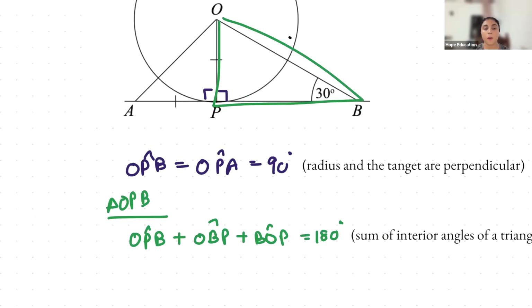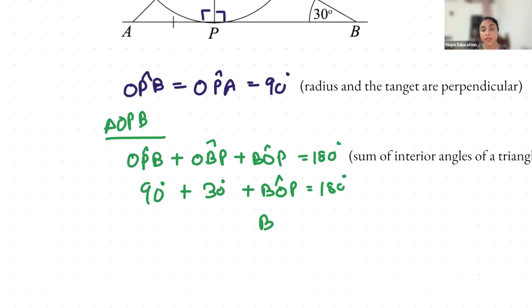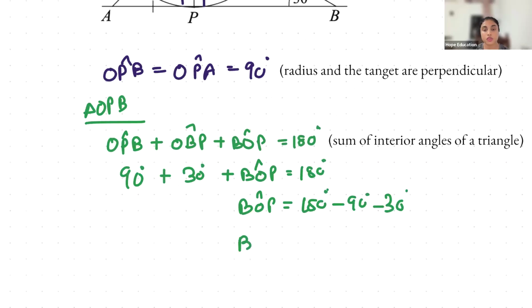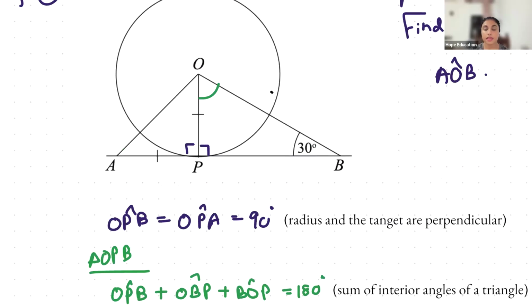So OPB is 90 degrees, OBP is 30 degrees. Then we have to find BOP. BOP equals 180 minus 90 minus 30. So BOP equals 60, and this is 60 degrees.